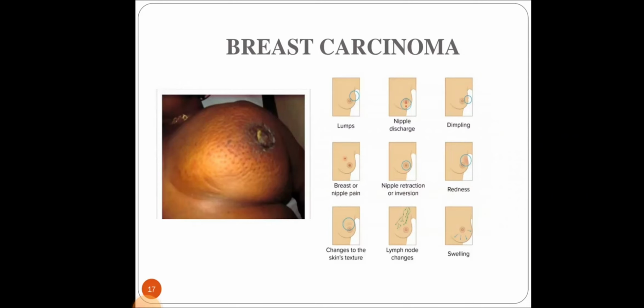Then the level of the nipple: if there is fibrosis due to the growth, the level of the nipple will be elevated. Then in some conditions like eczema, the nipple will be destroyed. So for that, the nipple has to be examined. Skin over the breast, if there is any puckering or dimpling due to the infiltration, that also has to be seen.